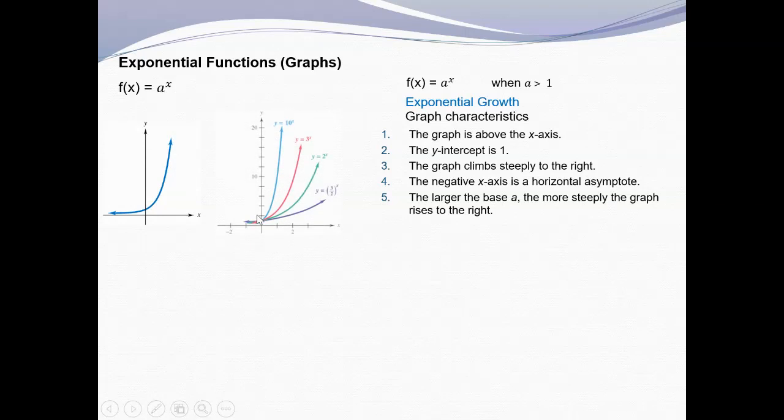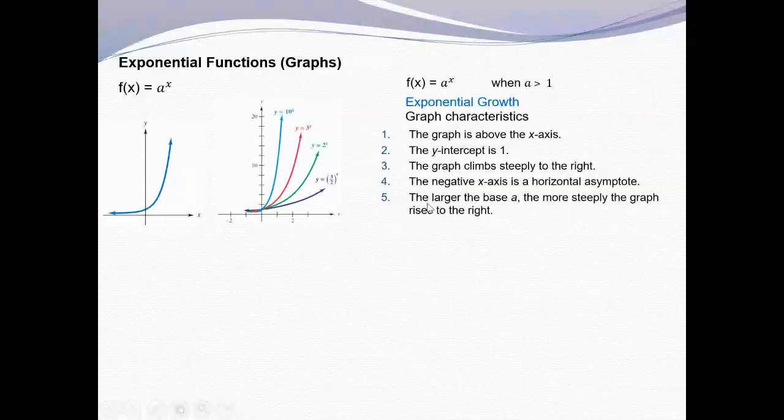For example, if y equals 3 over 2, that's like 1.5, so a is 1.5, a little bit more than 1. So this will be the graph, something like that in purple. Then in green, as a increases, it goes closer and closer to the y-axis. Okay, that's what the characteristics are.